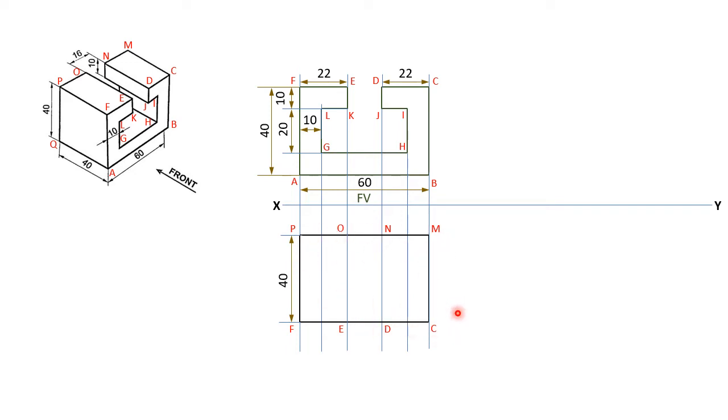Then we will darken MC. Then we will darken the edge OE, because from the top we see there is a cavity. So there are two more edges, OE and ND. So we will darken OE and we will darken ND.